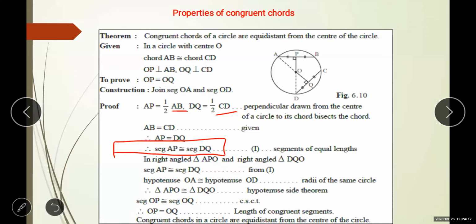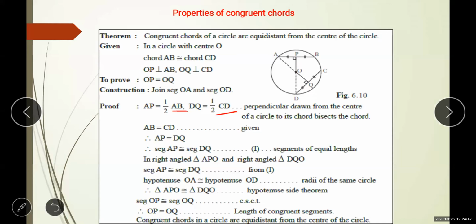Now we will use the triangles. Which two triangles? Triangle APO and triangle DQO. Now you can see here, we have to prove that these two triangles are congruent. How will you prove this? First of all, this is perpendicular, that means they are making 90 degrees.